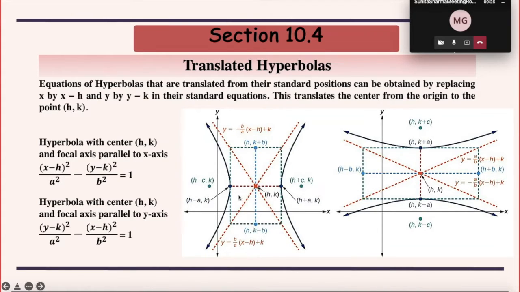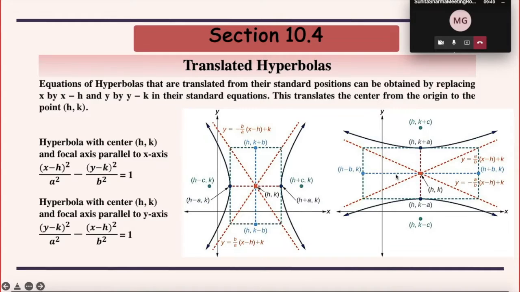Okay, so in this case your focal axis is horizontal, parallel to the x-axis, and the conjugate axis is parallel to the y-axis. In the other case, where you're shifting your center to (h, k), your focal axis is parallel to the y-axis, it is vertical, and your conjugate axis is parallel to the x-axis.